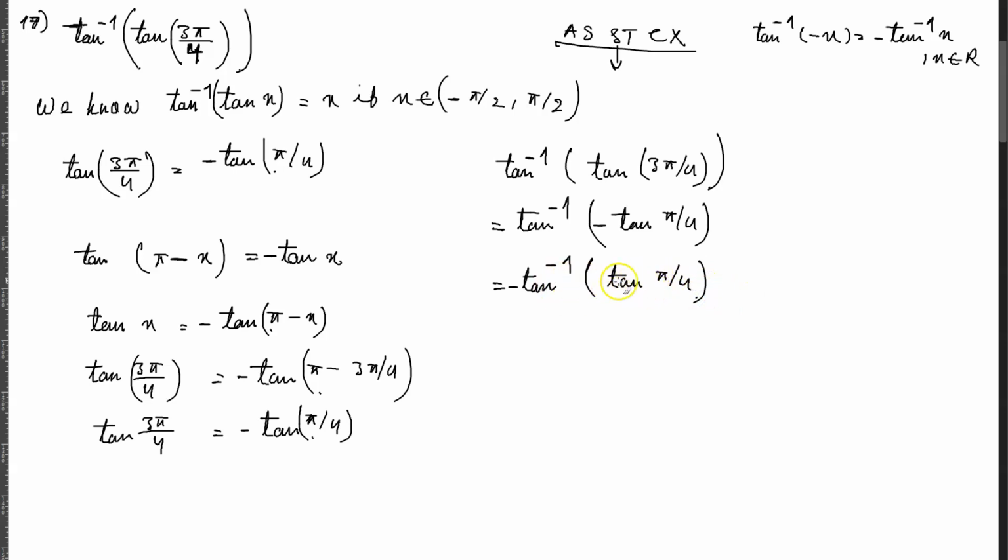And now, since pi by 4 is within this range, I have no problem, and I can write this as negative pi by 4. Which means that the tan inverse of tan of 3 pi by 4 is equal to negative pi by 4. And that happens to be the right answer.